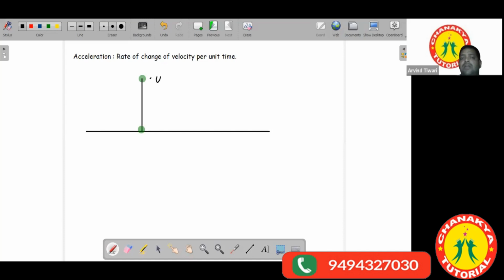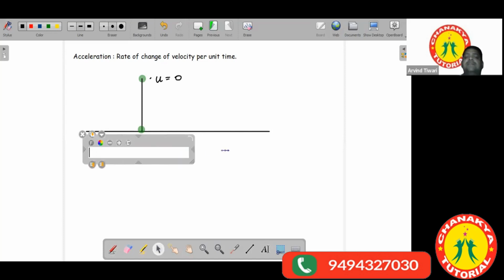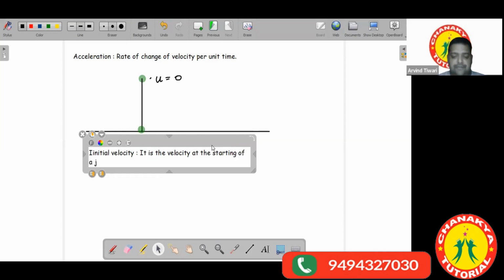We call it the initial velocity. Initial velocity is the velocity at the starting of a journey.